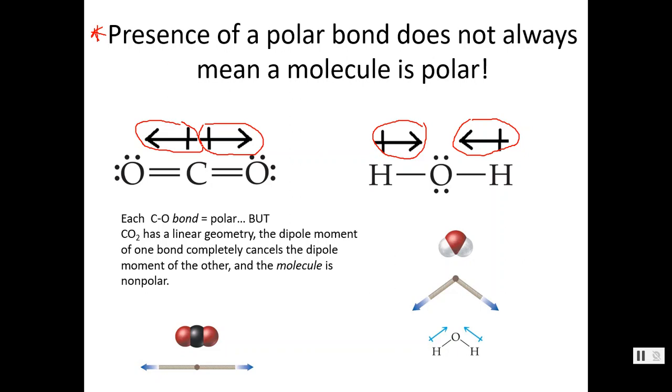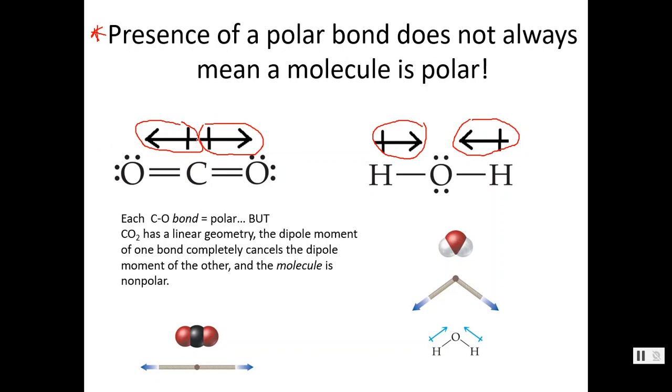But what do you notice looking at the dipoles or the arrows between carbon dioxide and water? What do you notice that's different? For the carbon dioxide molecule, those arrows are pointing in opposite directions in the same way. It's kind of like doing 2 steps forward and 2 steps back.